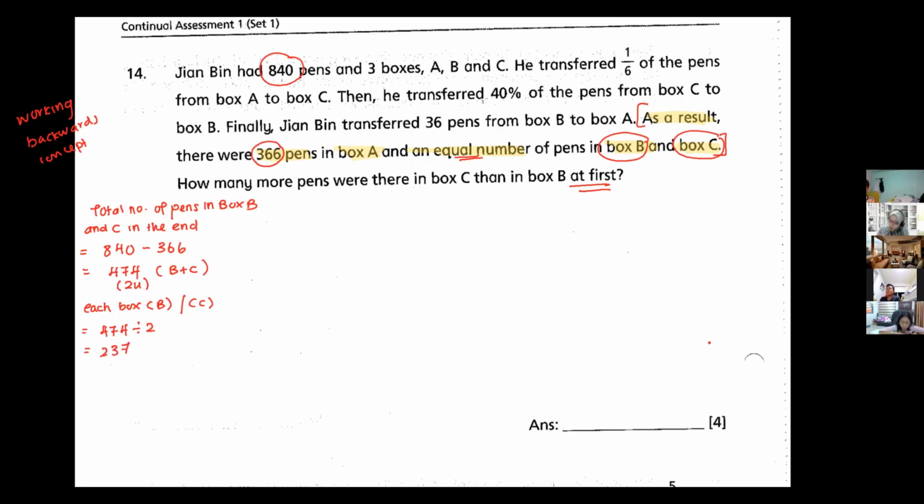This is all in the end. So in box B, I have 237. Box C also 237.